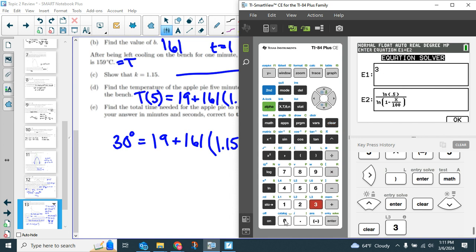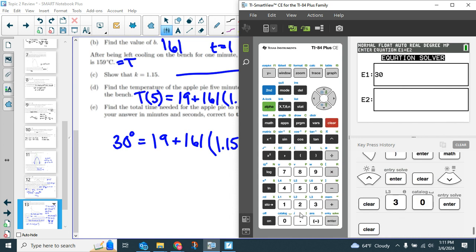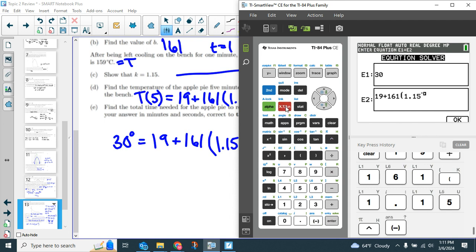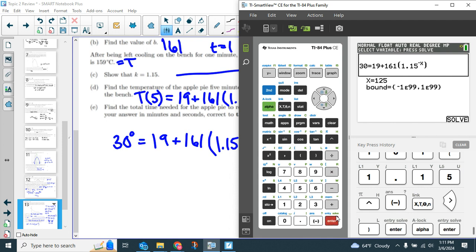All right, so 30 equals 19 plus 161 times 1.15 raised to the negative x power. Enter, alpha, enter.